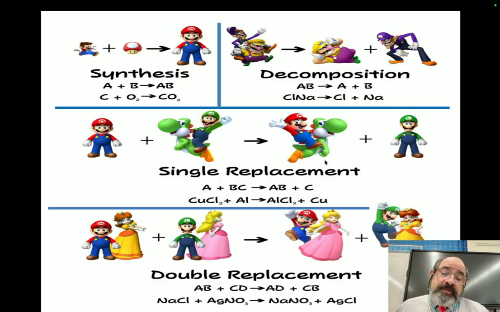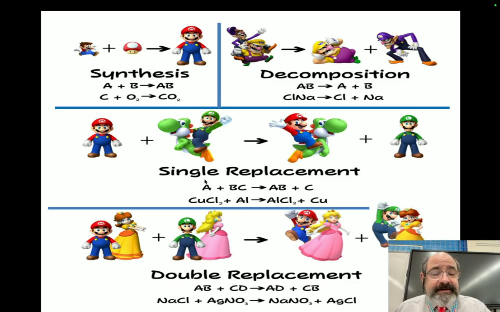Okay, single replacement, one goes in and one comes out. So here we have Luigi and Yoshi hanging out together. They are one together. And then what happens is Mario comes in and says, "It's my turn." So now Luigi is on the side and Mario gets to ride Yoshi. So single replacement.